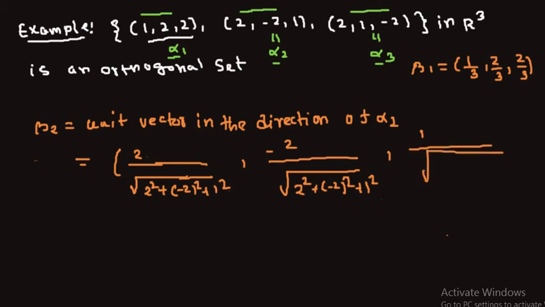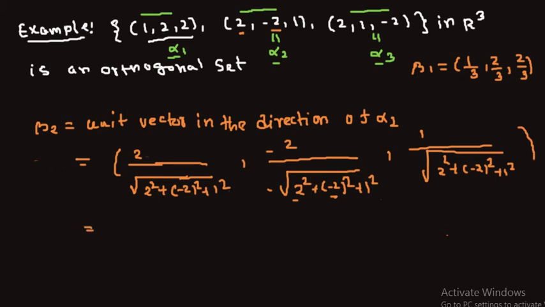You can see that the elements in the squares are the components: for 2 we get 2 square, for minus 2 we get minus 2 square, for 1 we get 1 square. So this is the quick way to do this.